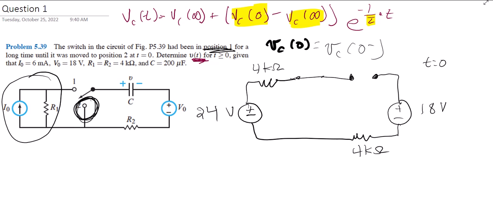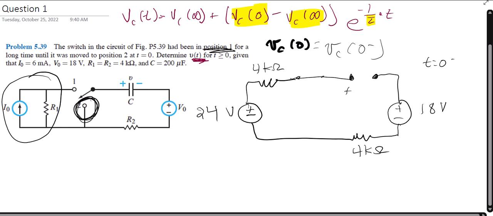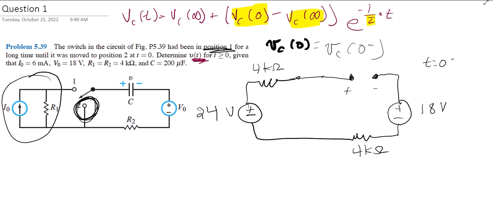Okay, so this is at time t equals 0 minus. It's important to know which side is labeled plus and which side is labeled minus. I want to know what the voltage is at 0 minus. Well, there's no current flowing, so there's nothing going on here. If I make this ground, that doesn't mean there's no voltage, but there's no current. So if the bottom is 0, then up above this voltage source is plus 24, and above this voltage source is plus 18.